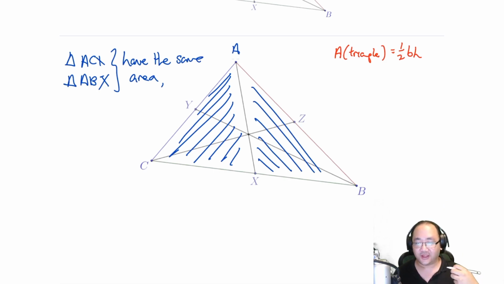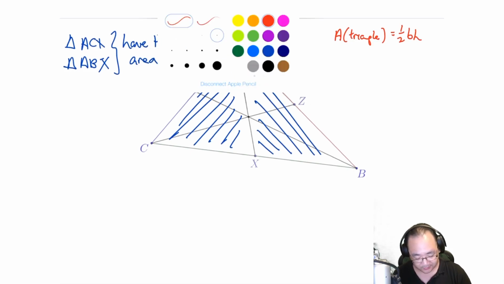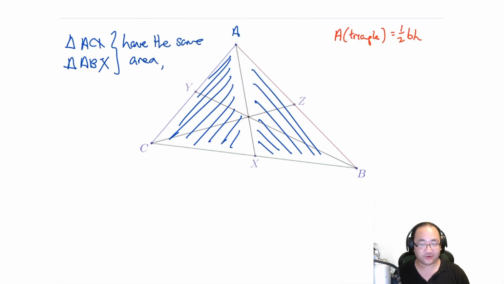The idea is that when we have the same height, we can establish a set of ratios between the base and the area.